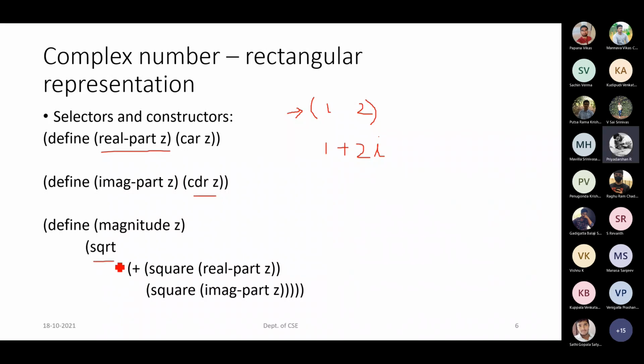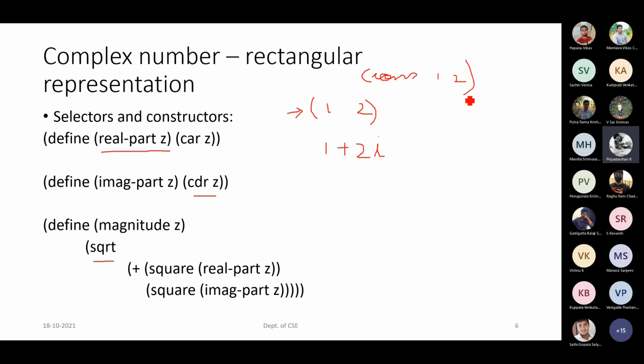Ma'am, is it CDR or CADR for imaginary part? Imaginary part, it is CDR because we have only two values. How do we construct it? If you have to construct only two values, we will make use of cons of 1, 2.